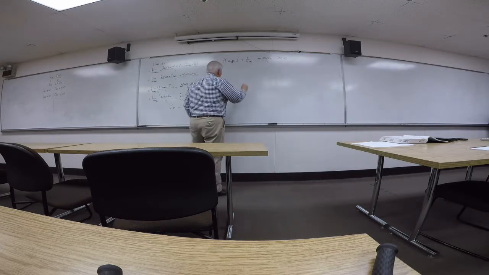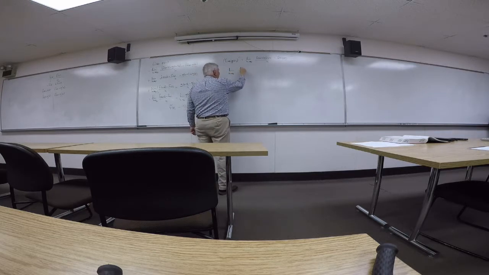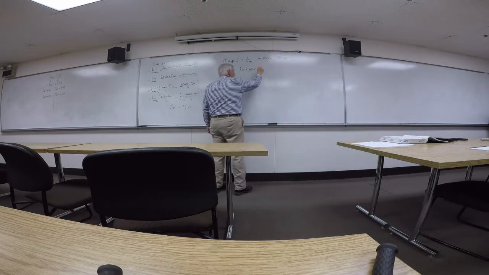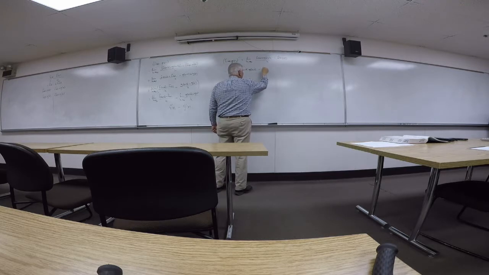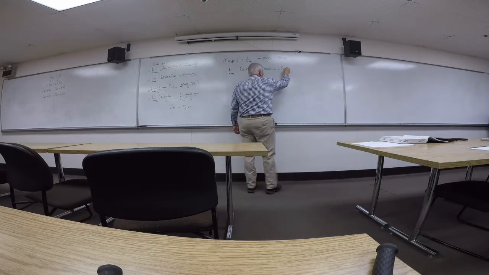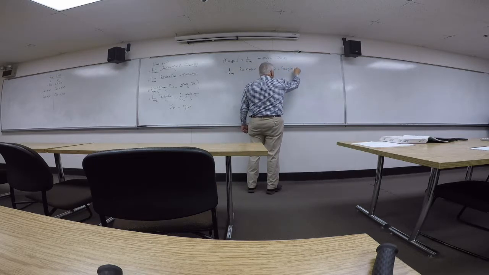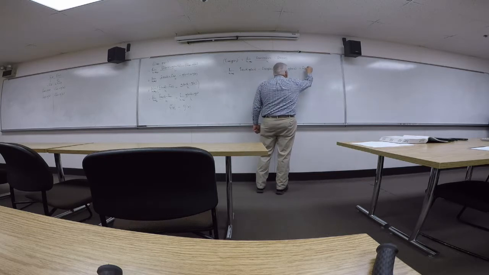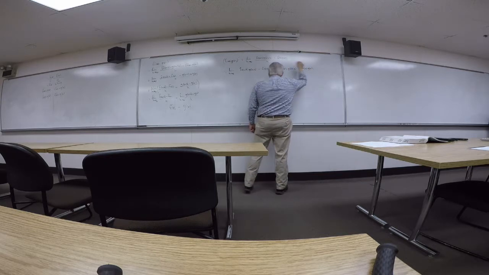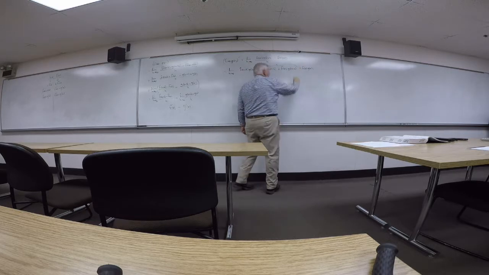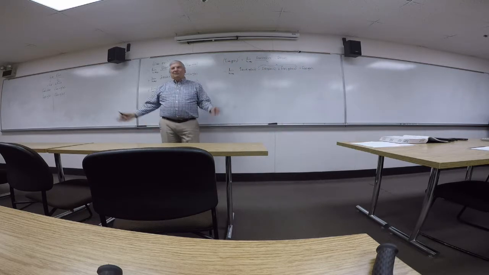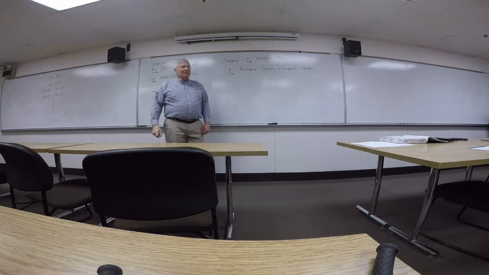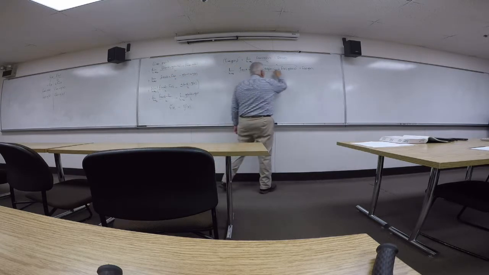So the 0 I'm going to choose to add: limit as h approaches 0, f of x plus h times g of x plus h, minus f of x times g of x plus h, plus f of x times g of x plus h, minus f of x g of x. And these two terms I tossed in here add up to 0. So adding 0 to something doesn't change anything. Let's not forget.